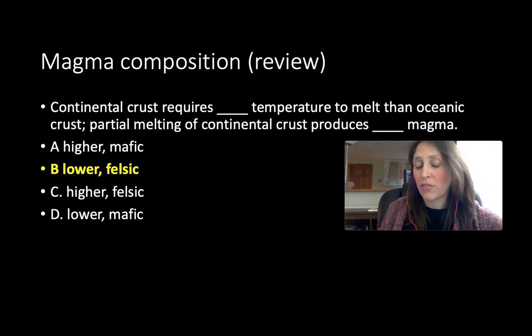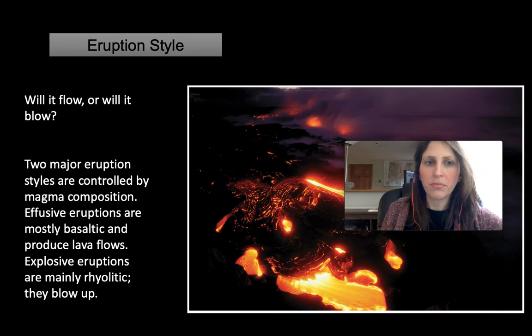So when you have an ocean to continental convergence setting, you're going to create a felsic to intermediate type of magma. When you have a tectonic setting in a divergent zone, or anywhere that you have oceanic crust, so let's say you have a hot spot in the middle of an oceanic plate, you're going to produce mafic magma. Okay, so the differences between the two and where you might find those different types of magma.